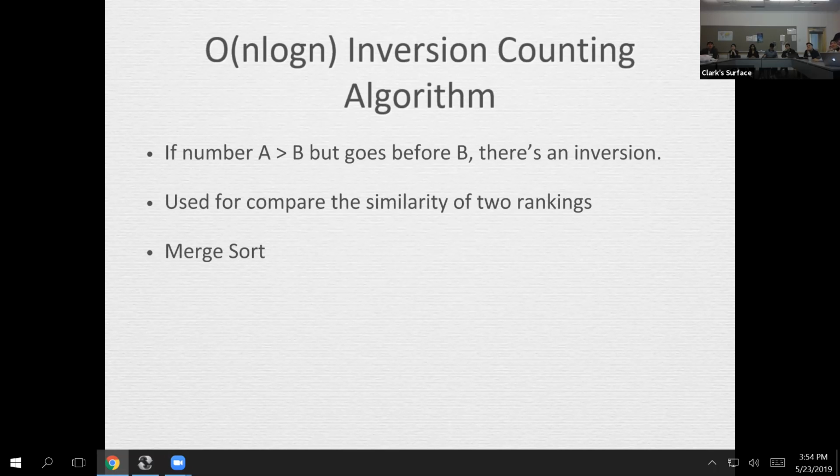So for the inversion counting algorithm, what's an inversion? An inversion is when you have a number A that is bigger than B, but goes before B in an array. There's an inversion here. So where will you use it?